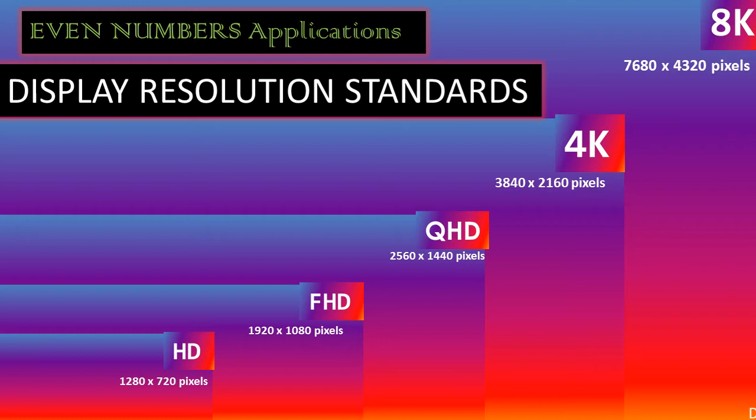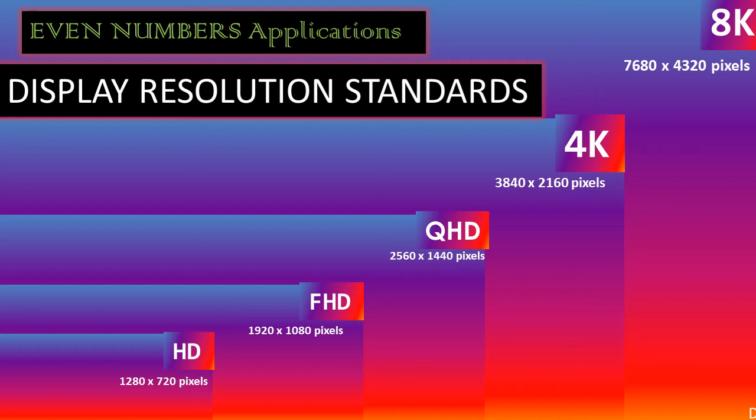We will see some more even numbers applications in the display resolution standards again, and the first one is the high definition resolution, and in that 1280 by 720 pixels. These are the resolution of high definition. And next one is the full HD, full high definition, and in that 1920 by 1080 pixels.